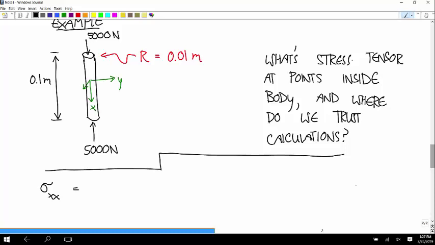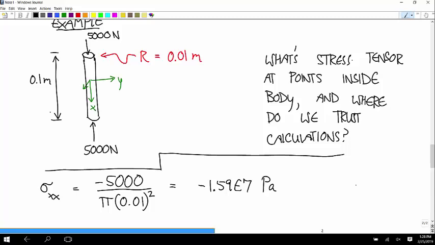Those are negative, so we have negative 5,000 divided by the cross-sectional area, which is pi times 0.01 squared. And we get a value of negative 1.59 times 10 to the 7 pascals.